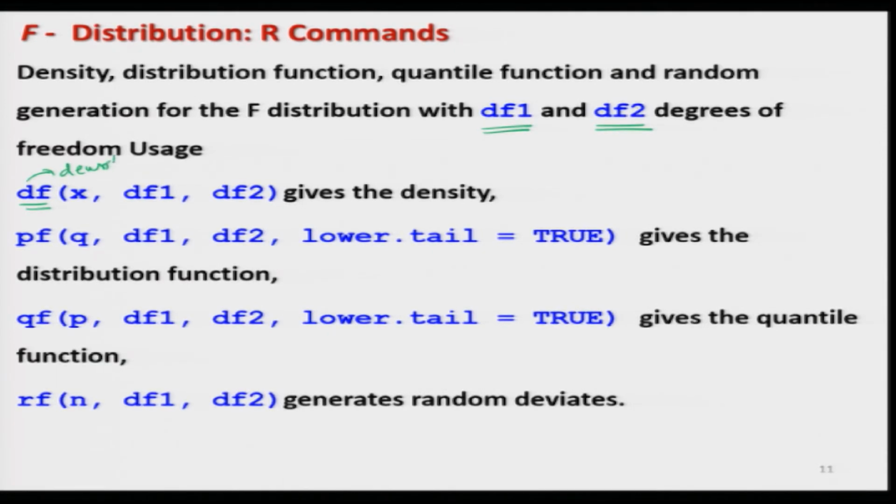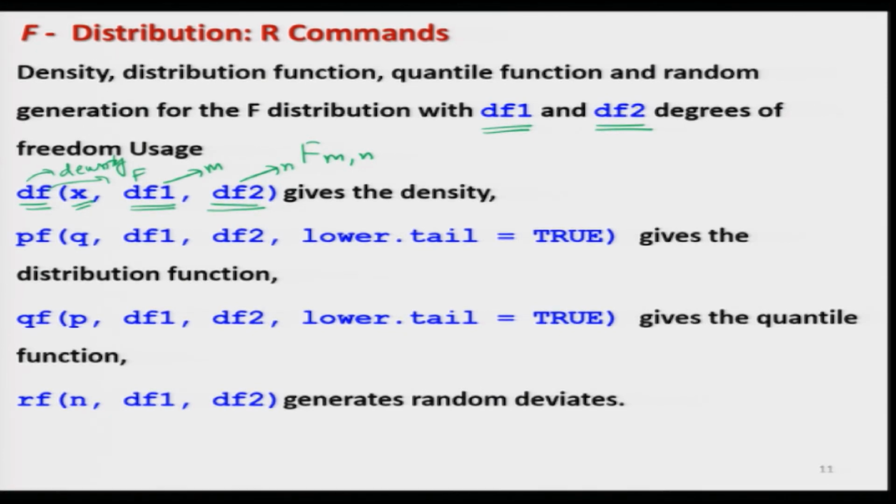As earlier we understood, d means density and f is the F distribution, and then you have to give the value x, and then you have to specify both the degrees of freedom as df1 and df2, right. So, if you are trying to write F(m, n), then df1 is going to be m and df2 is going to be n.